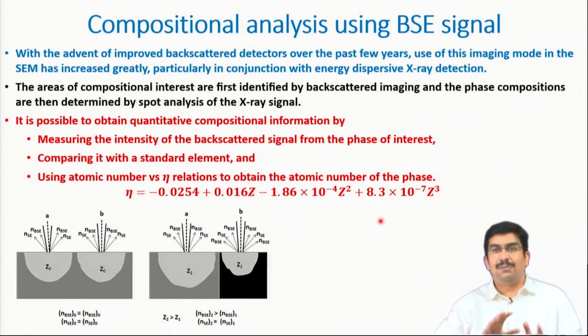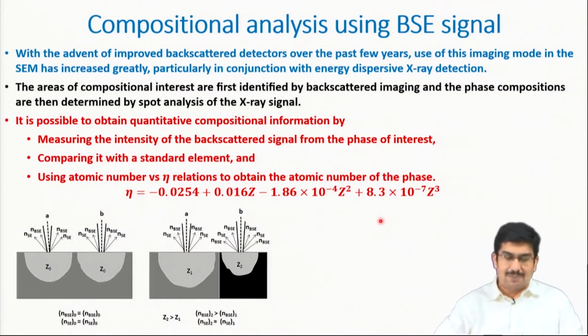So, they can be used for imaging mode, as well as, just like characteristic X-ray signal or Auger electron signal, they can be used for a quantitative measurement of the composition of the specimen that you have. What are the elements that are present there and in which quantity they are present? Both can be identified using the backscattered electron.